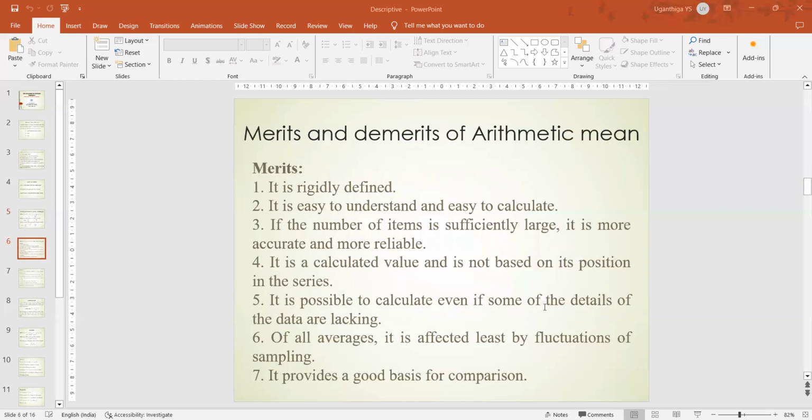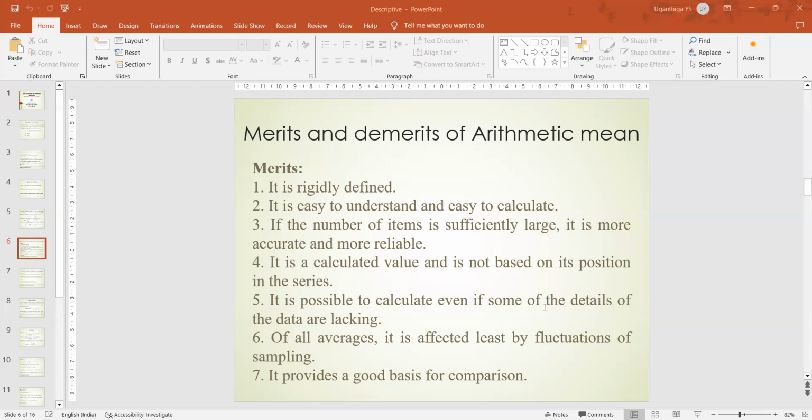So what are the merits of arithmetic mean? It is rigidly defined. As already mentioned, the arithmetic mean is the best or ideal measure. Here we can see most of the characteristics of good measures of central tendency are satisfied by the arithmetic mean. First point is rigidly defined, and it is easy to understand and easy to calculate if the number of items is sufficiently large.